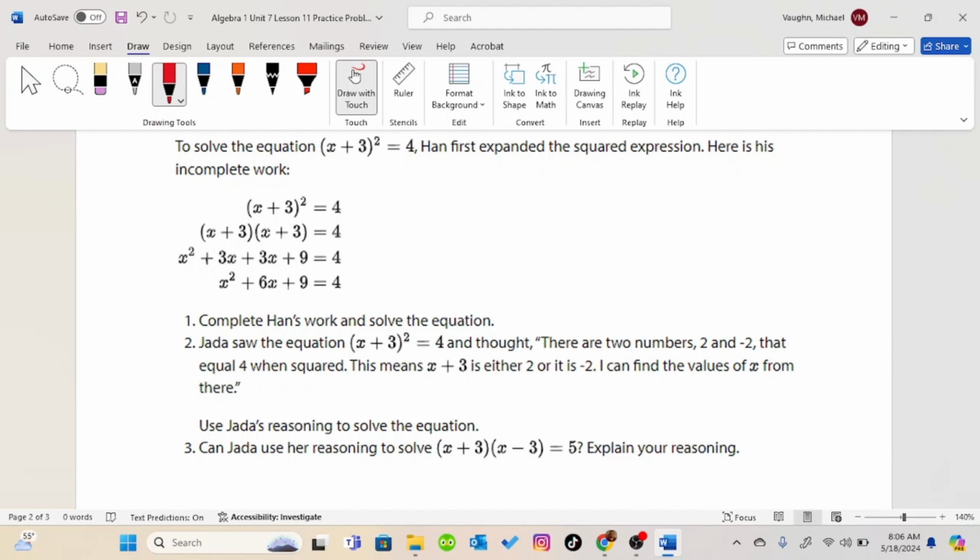So the next thing we would need to do is subtract 4 from both sides to set the standard form equal to 0. This would give us x squared plus 6x plus 5 equals 0. Now we're going to factor.